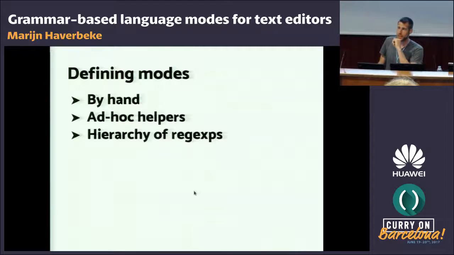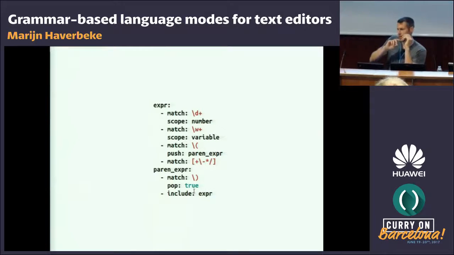But it's not entirely general, in that it's really painful to express sequences of things. I was showing an example actually. This is a very simple operator expression language, which has numbers, variables, operators and parenthesized expressions. So the starting context is expr, and it says if you see digits, call it a number.